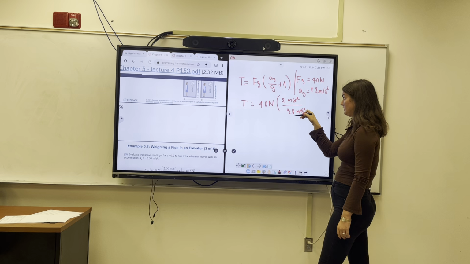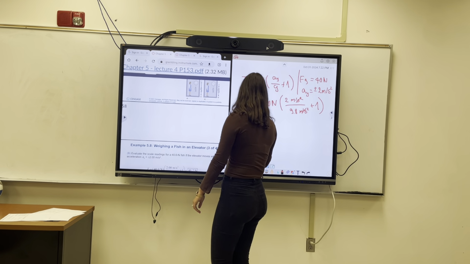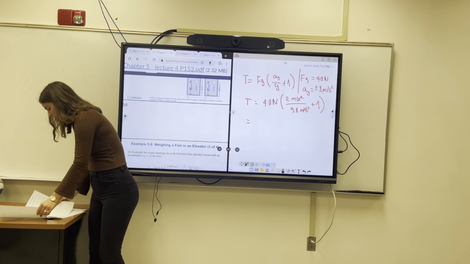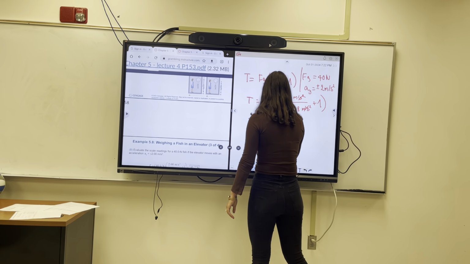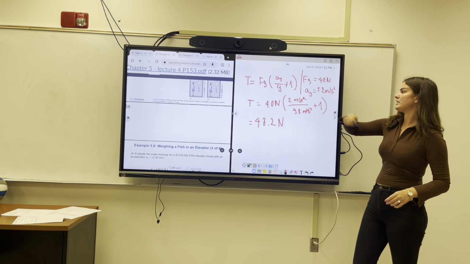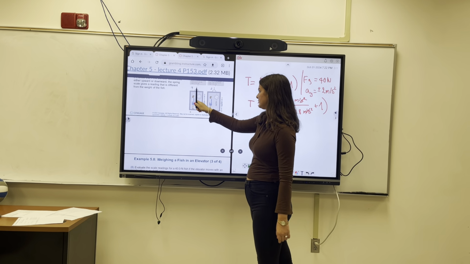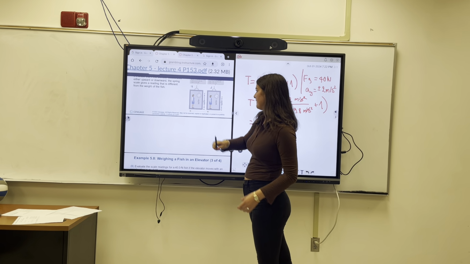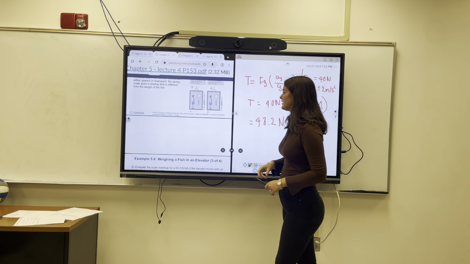Here we can see that everything is crossing out, plus 1. For the solution you can use your calculator, but I have already calculated it. It's 48.2 newtons when the acceleration is in the positive direction, because we are looking at the y-axis.